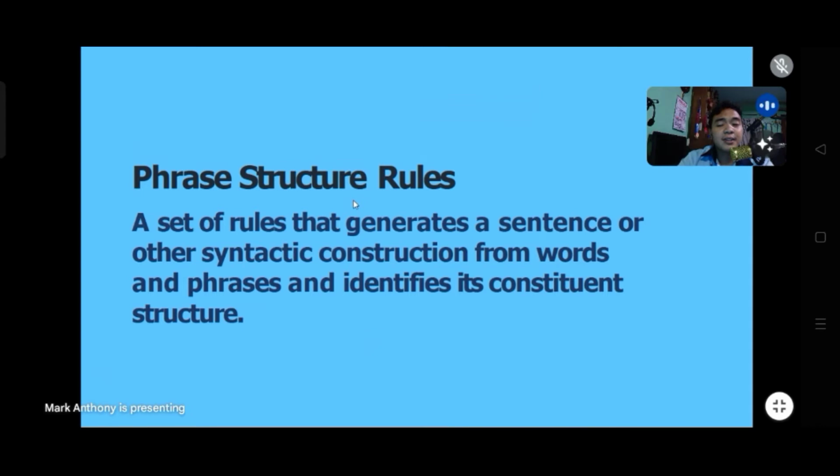So it is a set of rules that generates a sentence or other syntactic construction from words, as we can see in the previous example which I've shown you. There are specific syntactic constructions of words, as well as specific categories of constituents present in the sentence.